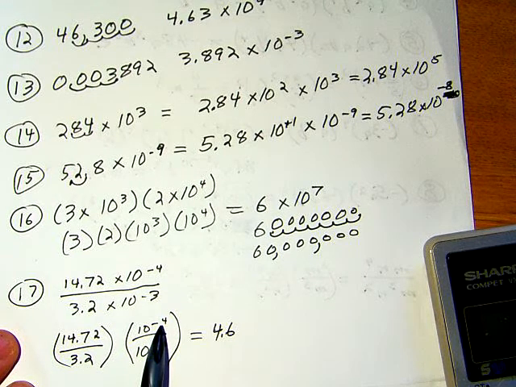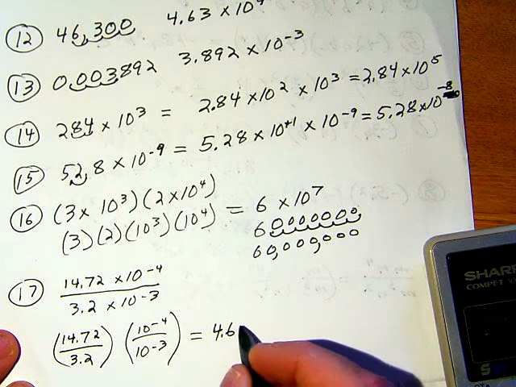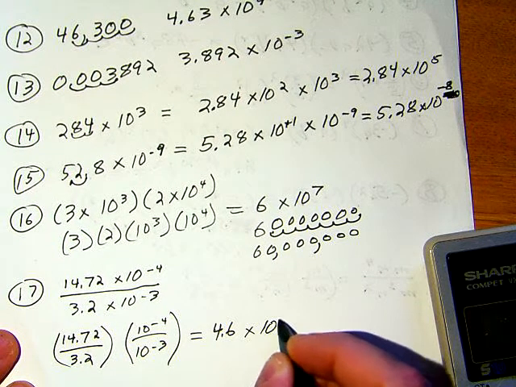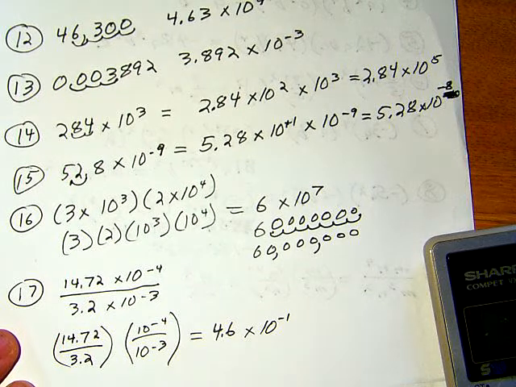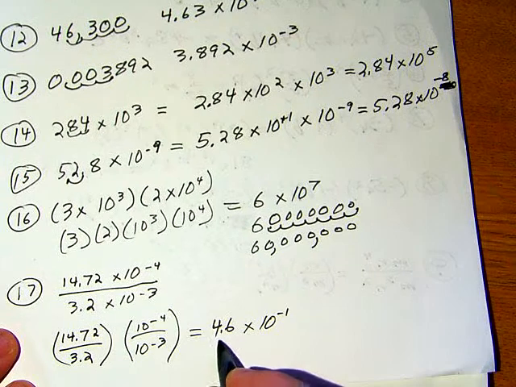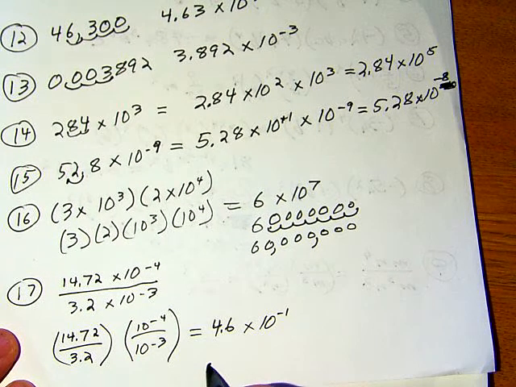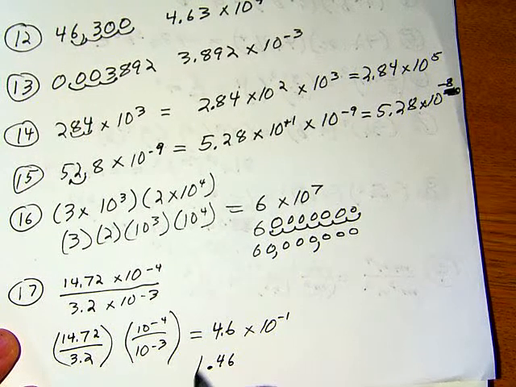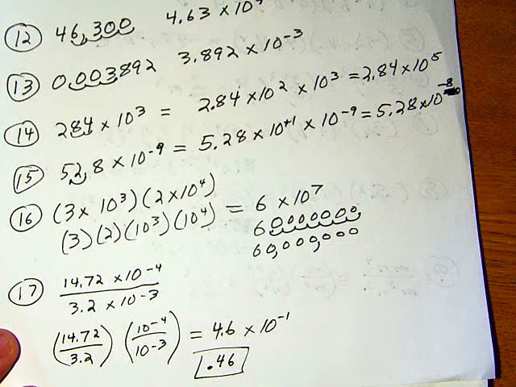So negative 4 minus a negative 3 is negative 4 plus 3, so times 10 to the negative 1. And if that is to be written as a real number, I would move the decimal one place left, and there is that number written as a standard number.